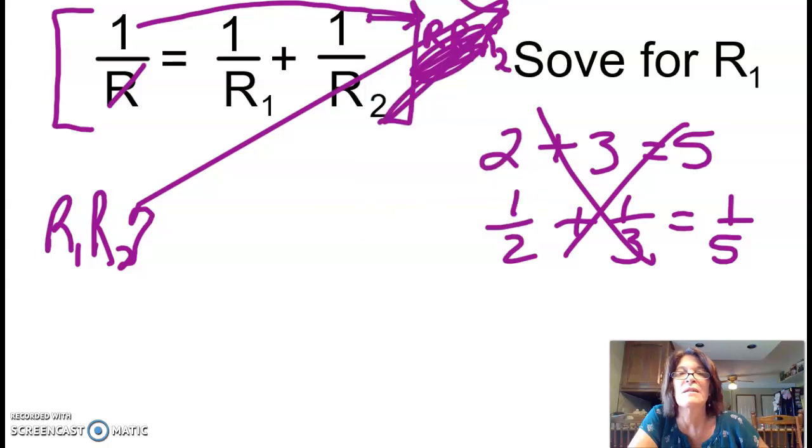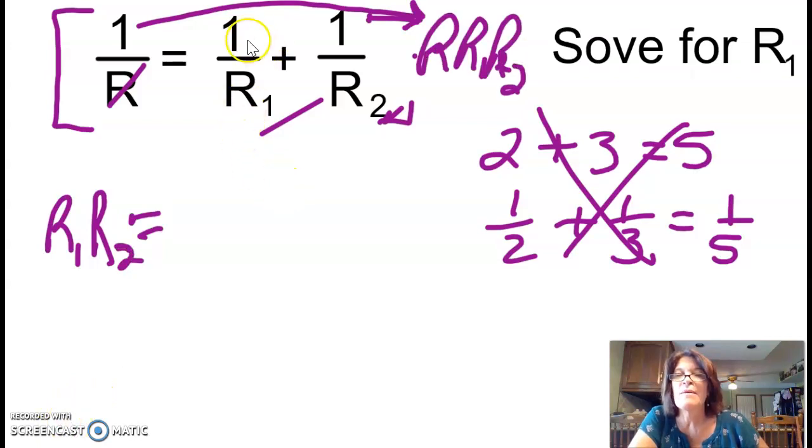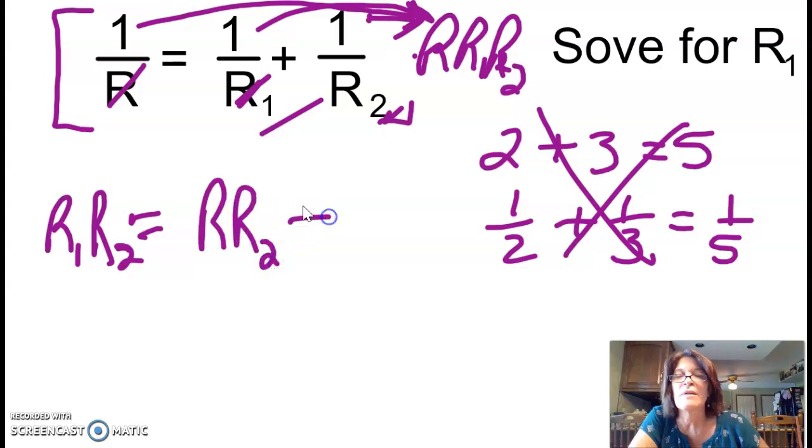Somehow my pen's giving me some trouble here. Okay, and then when I move to 1 over R1 and multiply that by the same common denominator of R, R1, R2, this time the R1s cancel, and I just have R, R2. And when I multiply 1 over R2 by this common denominator, the R2s cancel, and we have R times R1.